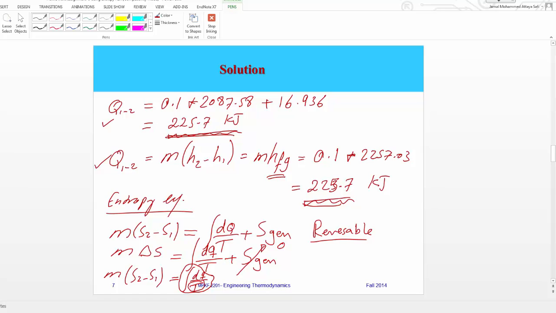process, then this will be very easy to quantify, because in this case it will be Q divided by temperature. And the temperature, we know it, this can be read from the table. So Q is actually the temperature multiplied by the mass multiplied by S2 minus S1.